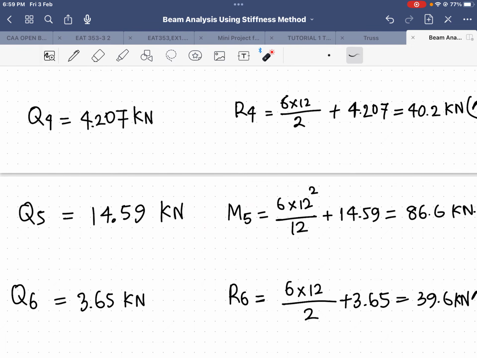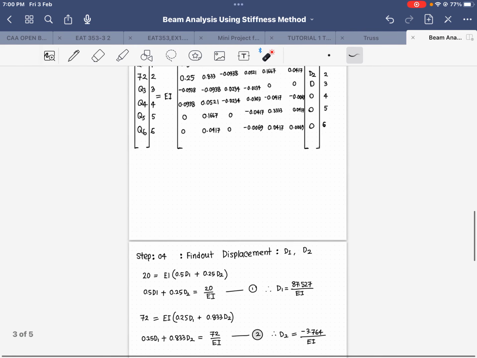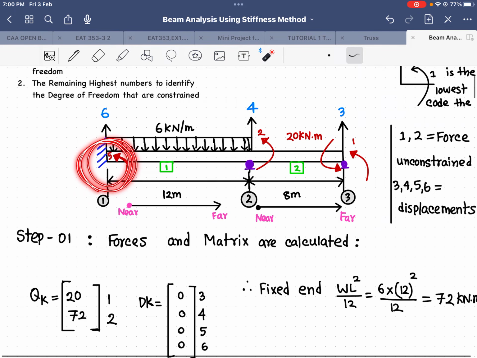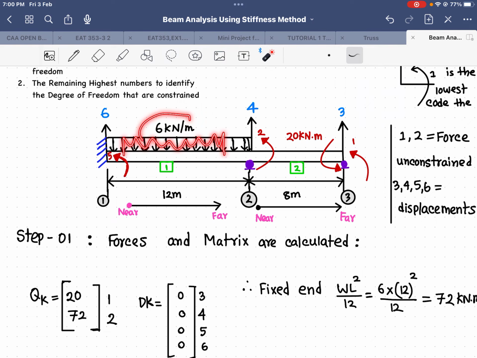So how do we find the moment in the case of UDL, the uniformly distributed load? For the Q5, we have the UDL, which is 6.